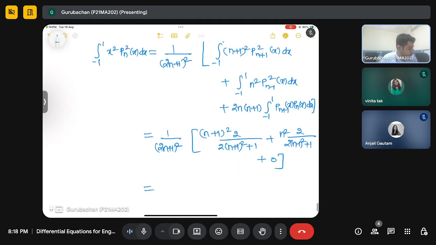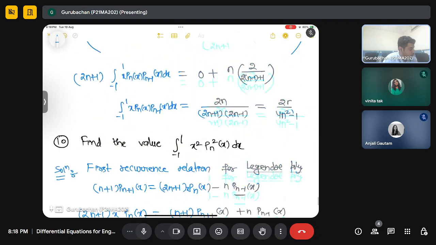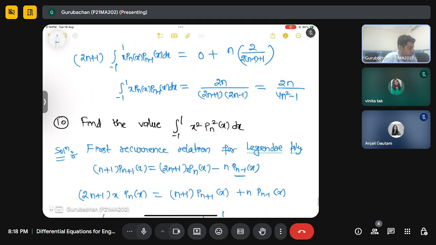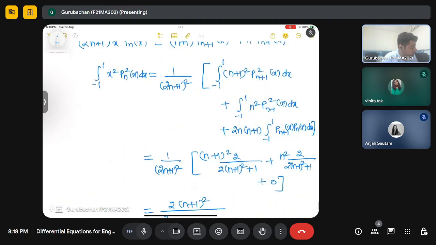So ultimately, you will get a particular expression that you can solve. Let me rewrite it. This was 2n plus 1, so this was not square. Yes, it will be 2n plus 1 and 2n minus 1.